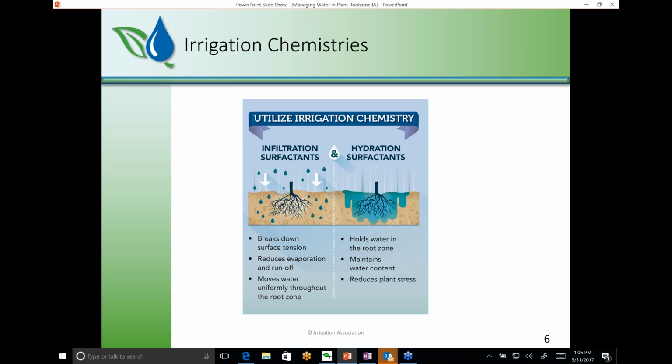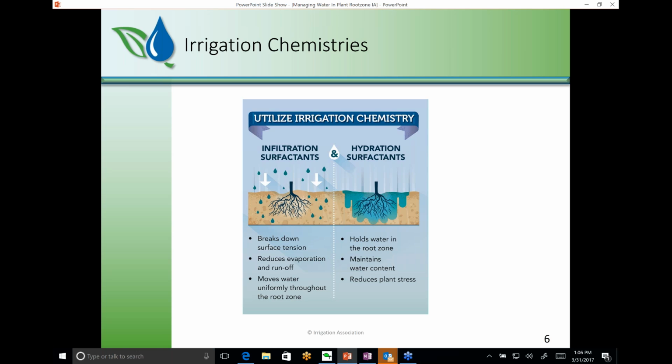So infiltration surfactants break the surface tension of water. Think of a bead of water on the hood of a car and how that bead of water doesn't spread. If you were to add just a fraction of a drop of surfactant to that bead of water, it would spread readily over the hood of the car.